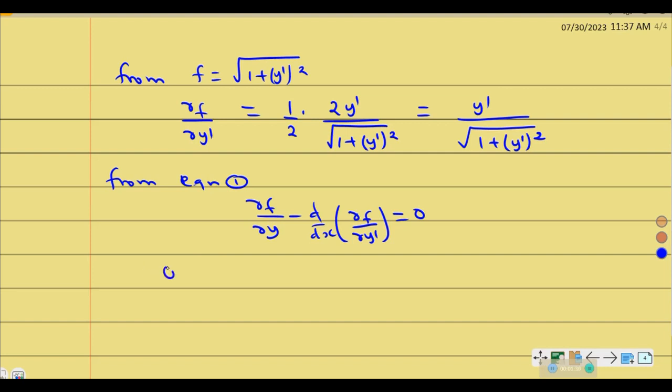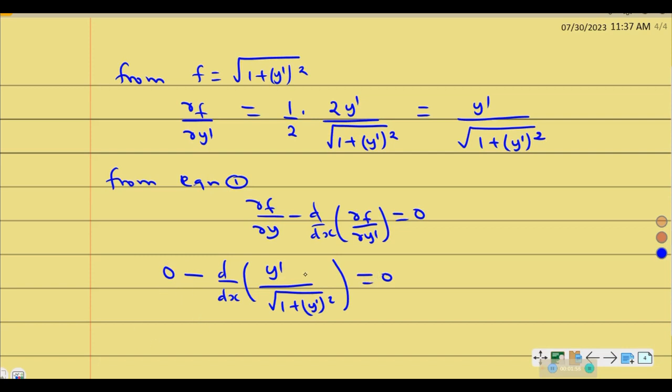we shall be able to get 0 minus d/dx times ∂f/∂y', which we have got as y' over the square root of 1 plus y' squared. The whole of this is equal to 0.